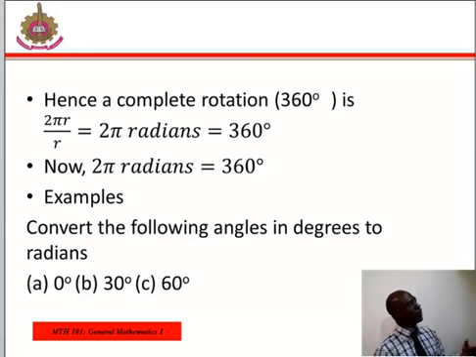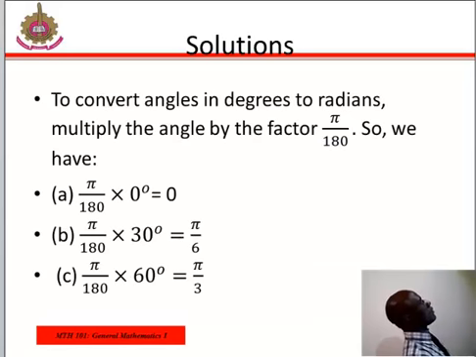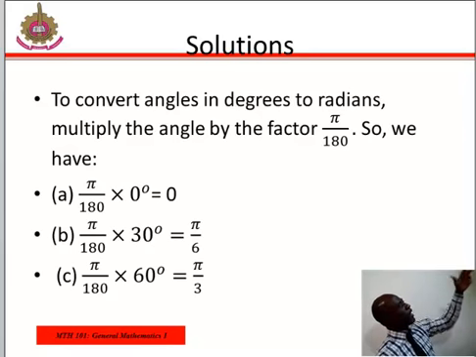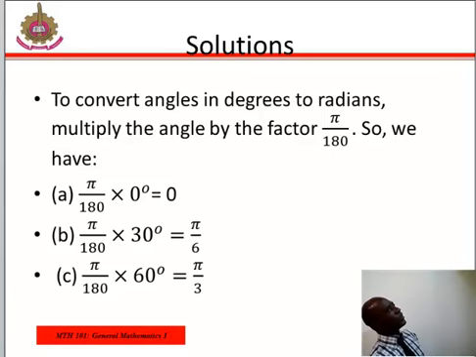Now we want to convert the following angles from degrees to radians. We want to look at 0 degrees, 30 degrees, and 60 degrees. A, 0 degrees: we have pi over 180 times 0, this will give us 0.